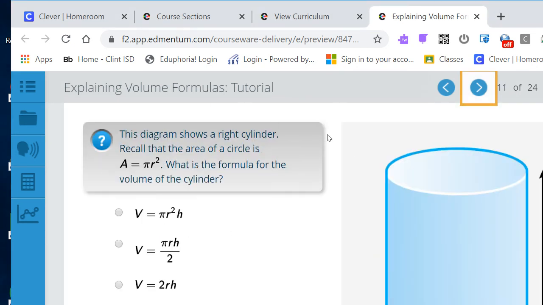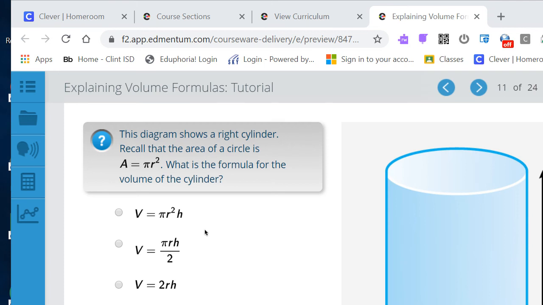Okay, so we come up here, we have our first example. And again, I told you guys practically the answer to this question. So for the volume, we have the area of the base. My base is a circle.